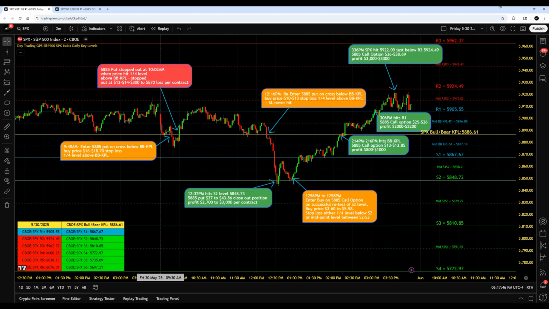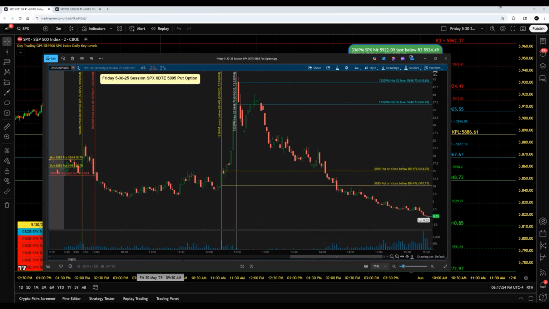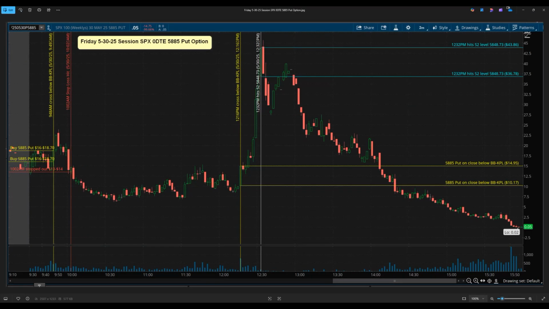Okay, so let's just take a look at the Thinkorswim put and call option, just so you can take a look at that. So here is the 58.85 put option. You can see here, it's a little messy looking, only because it's a little hard to see these candles with this overlay here.